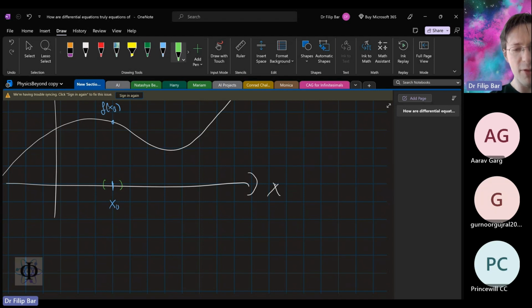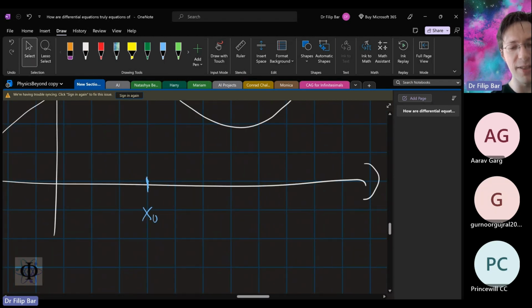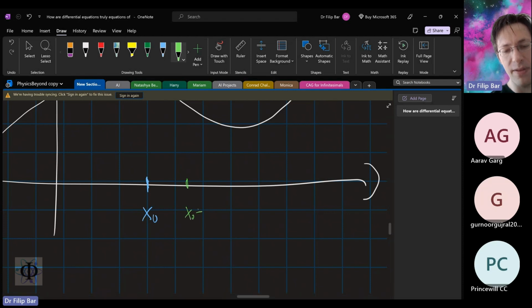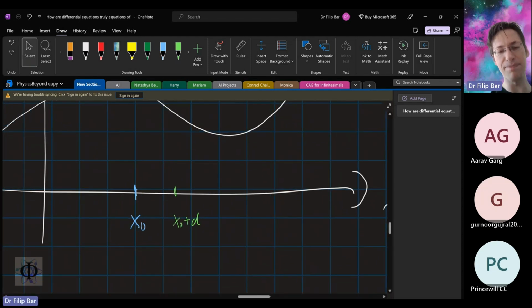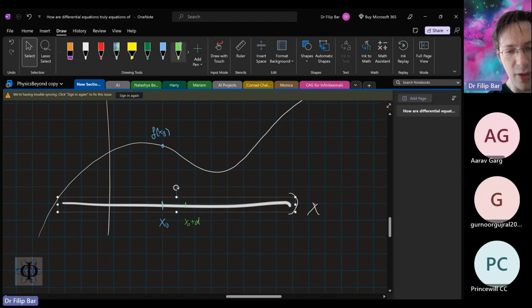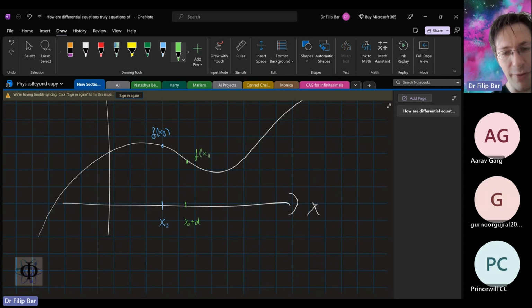Maybe I'm going to draw them a little bit bigger, so not really infinitely small. As I said, this is just an abstraction. It doesn't really exist. But what if I'm looking at some infinitesimal neighbor? So of course, I'm going to get f of x naught plus d. And now let's look at all the things that happen in between, because all of these are infinitely close to x naught.